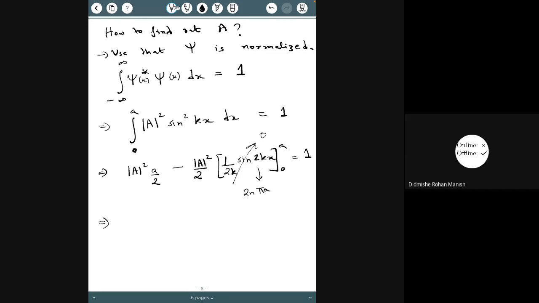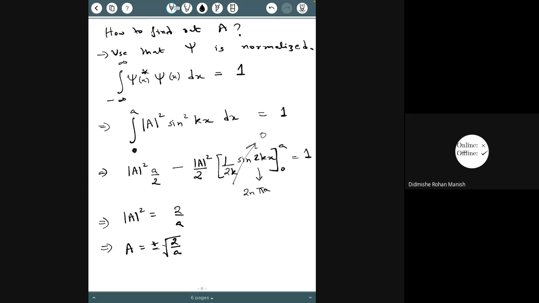And you get mod A square equal to 2 by a, which means A is equal to. So you see, I can take the real one. So A turns out to be real. That is what I want to say. So A turns out to be real, and I get plus minus root of 2 by a.